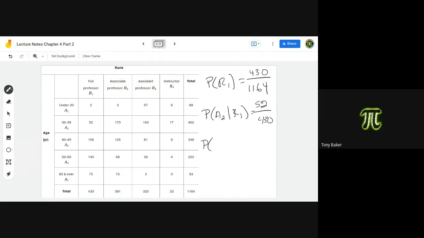I was looking at two, that one and that one. It just happened to be the other one was 0. So it was A4 or A5 given R4 is 4 over 33.